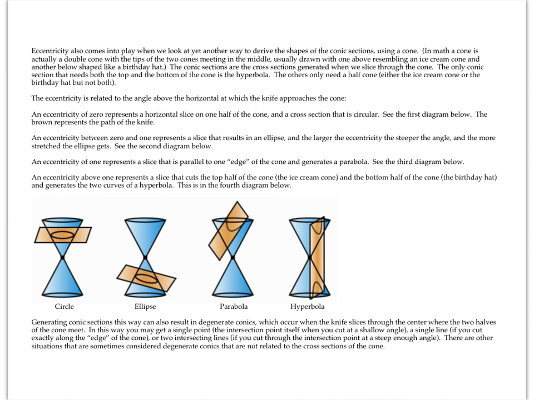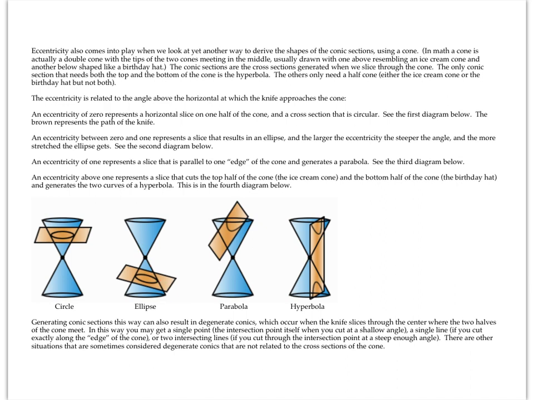Now, when you start angling this knife a little bit, to the point where it's somewhere between the horizontal and something less than whatever the angle for the edge of the cone is, so for example if you come in at this angle, that's an eccentricity somewhere between 0, which would be the horizontal, and 1, which would be parallel to that edge of the cone.